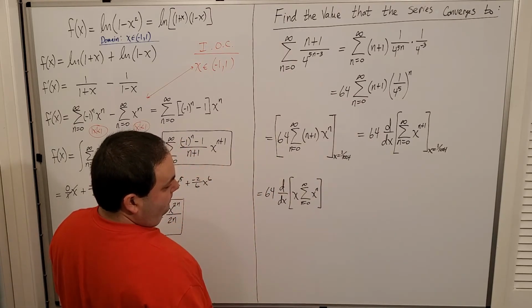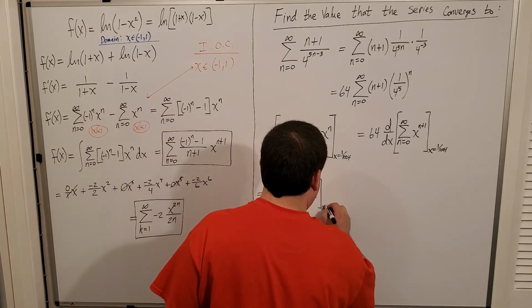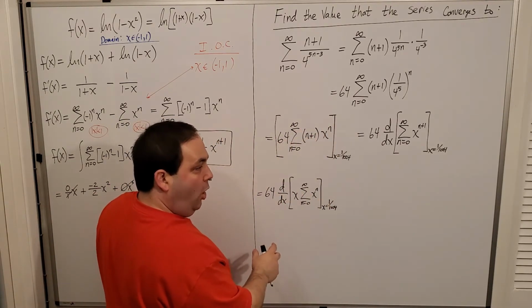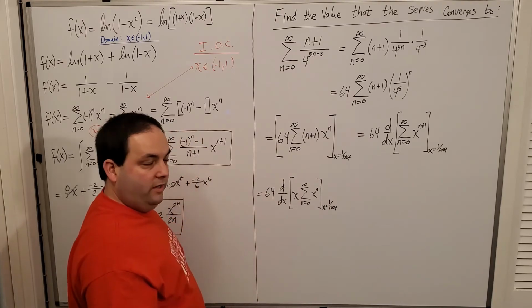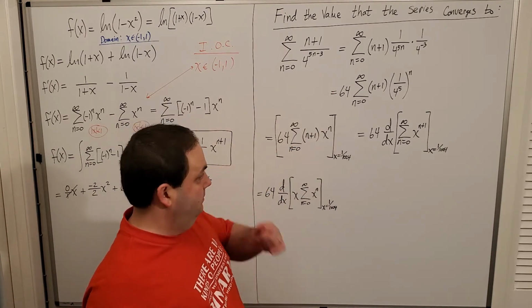Like that. Evaluated when x is 1 over 1024. That's sort of something that's just hovering over it the whole time. All of this only holds at this one point. Okay, but that's the point we're interested in anyway.